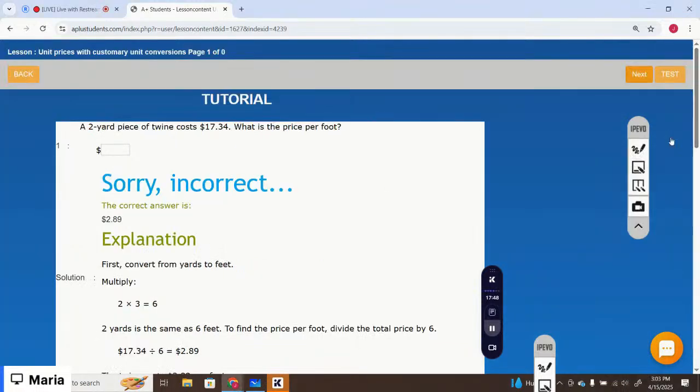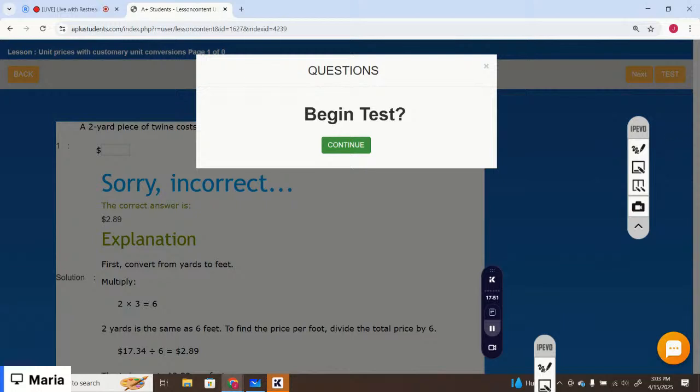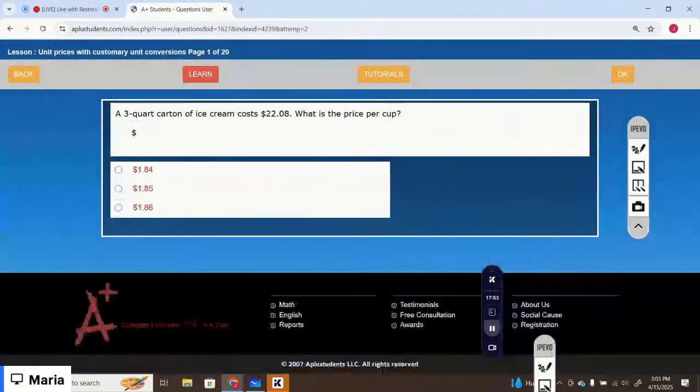Let's just start with the test questions. A 3 quart carton of ice cream costs $22.08.